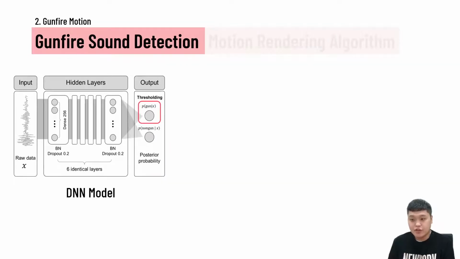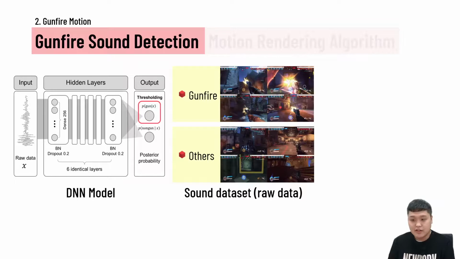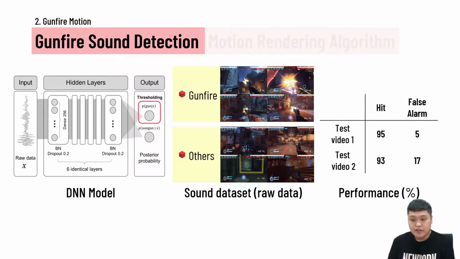For gunfire motion, we chose a DNN for the gunfire detector, a simple deep learning model, and made a dataset containing two classes for that. Our model showed a hit rate over 90% and a false alarm rate under 20%.